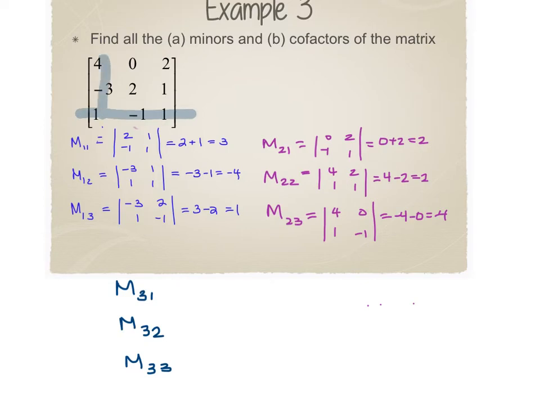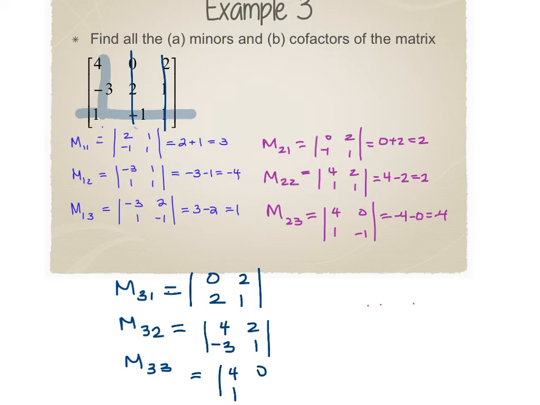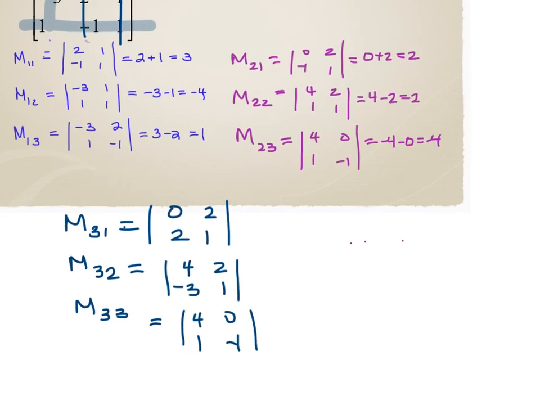Column 1 would be 0, 2, 2, 1. Column 2 would be 4, negative 3, 2, 1. Column 3 would be 4, 0, 1, negative 1.